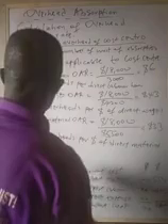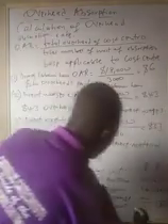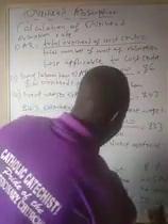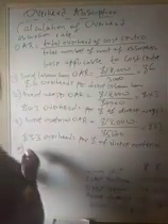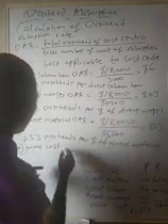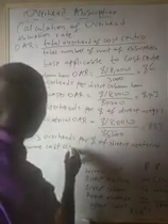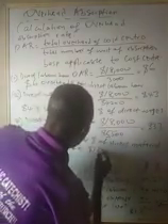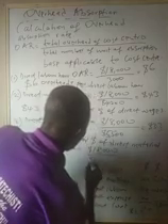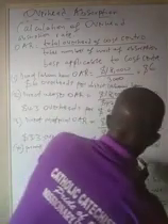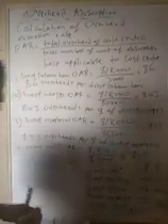So the overhead absorption rate, according to the formula, is $18,000 divided by 9,700 pounds, and that gives approximately 1.9 pounds.